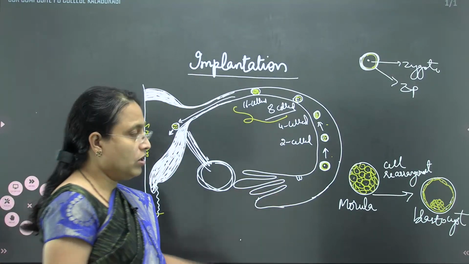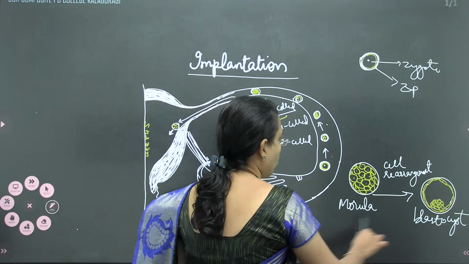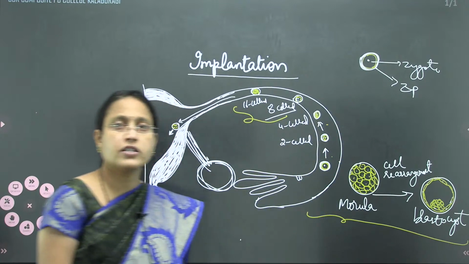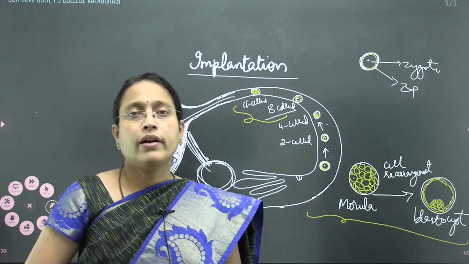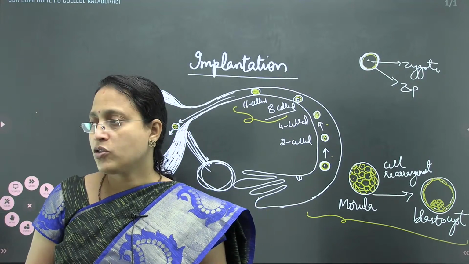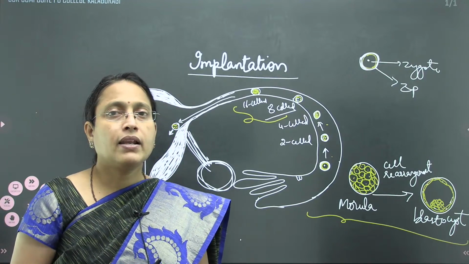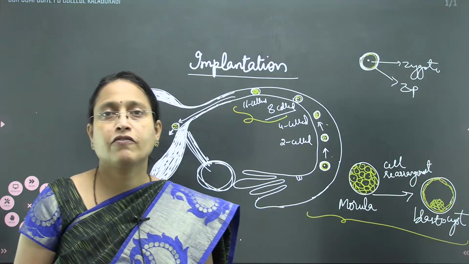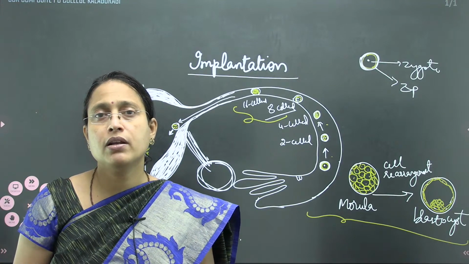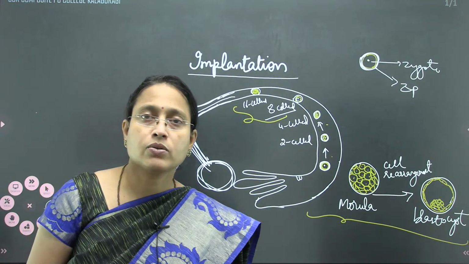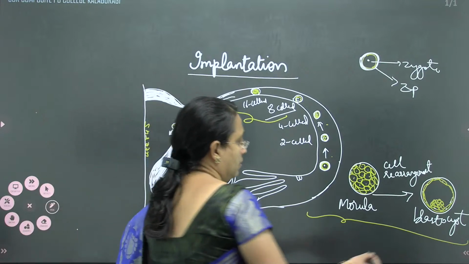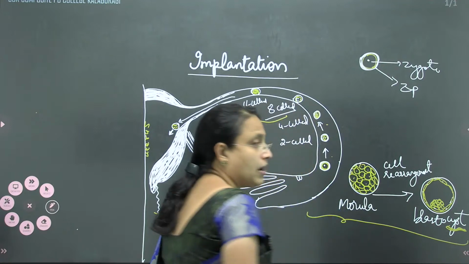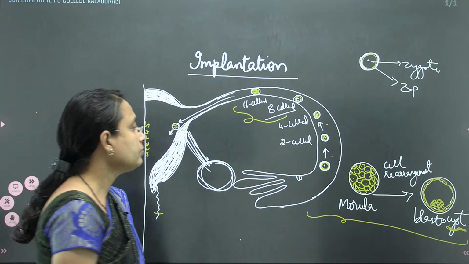This phenomenon is called blastulation, the whole process where the morula is converted into the blastula. Now I will tell the difference between a blastula and a blastocyst. In mammals and other animals, the term blastula can be used, but in the case of humans, the human blastula is called the blastocyst.